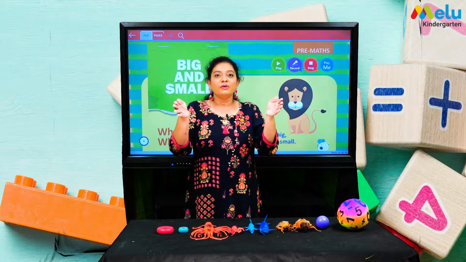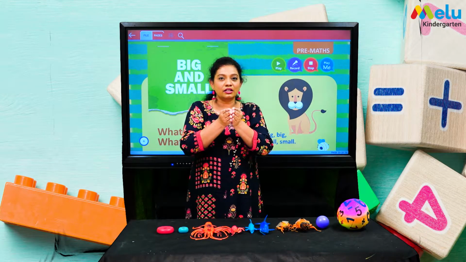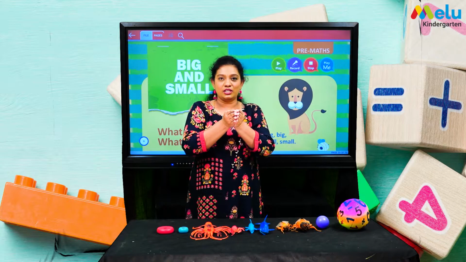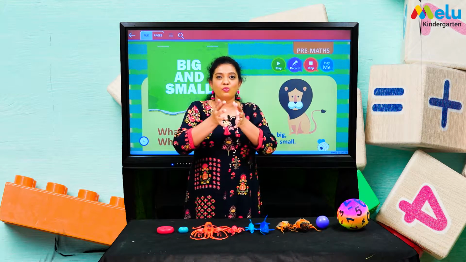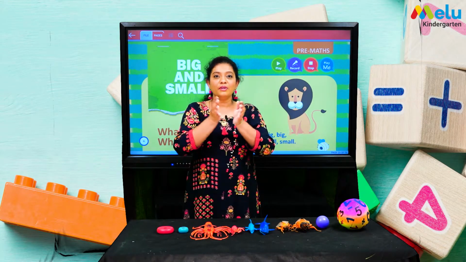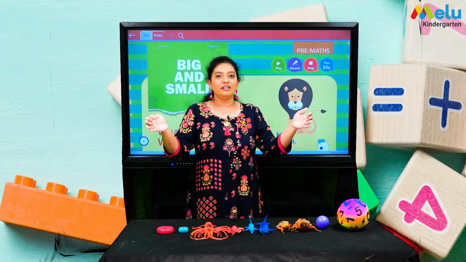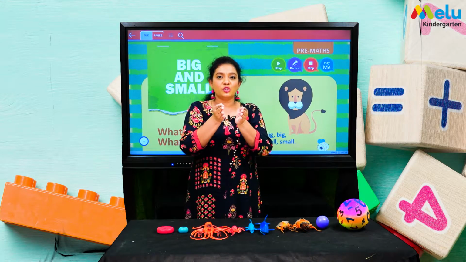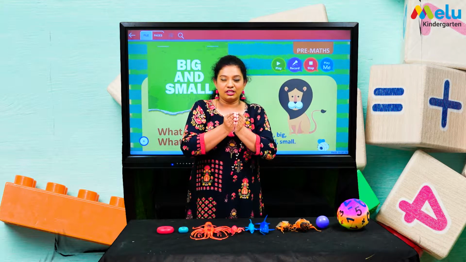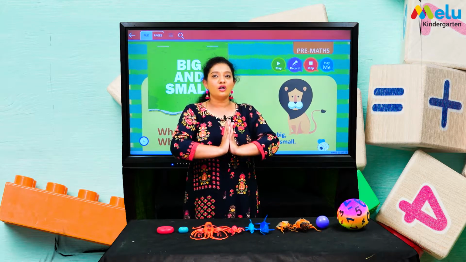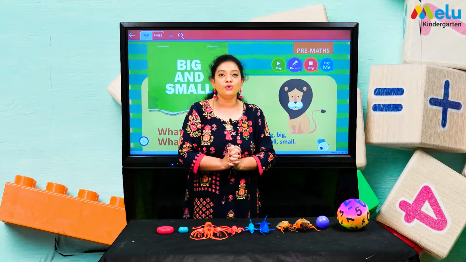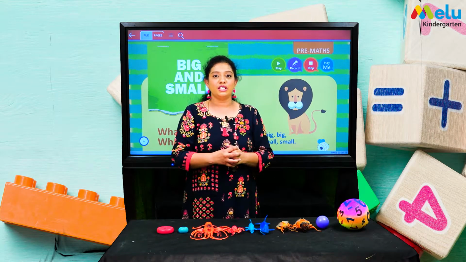And when I am bringing my hands together, it is closing. So I am making my hands wide and then bringing them close. So the big and small concept is related to the size of an object, children.